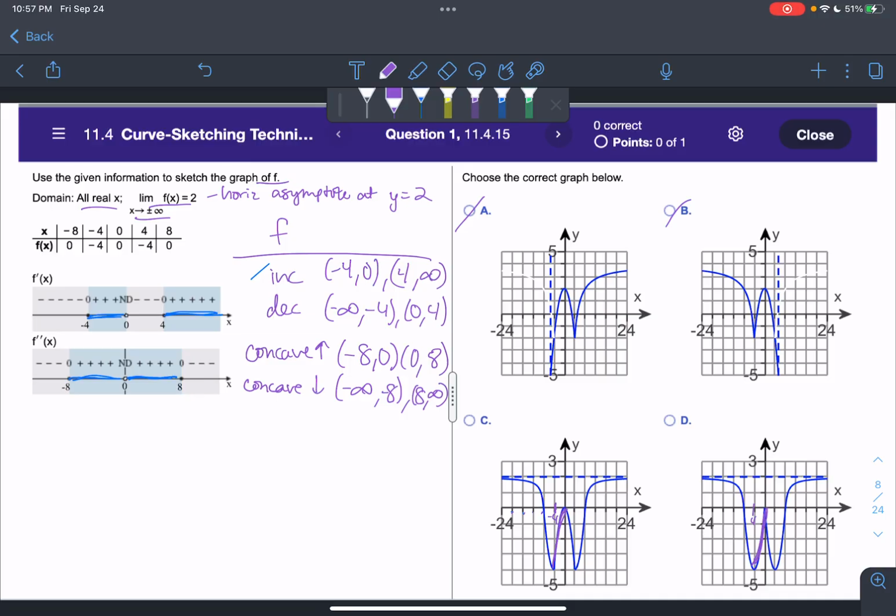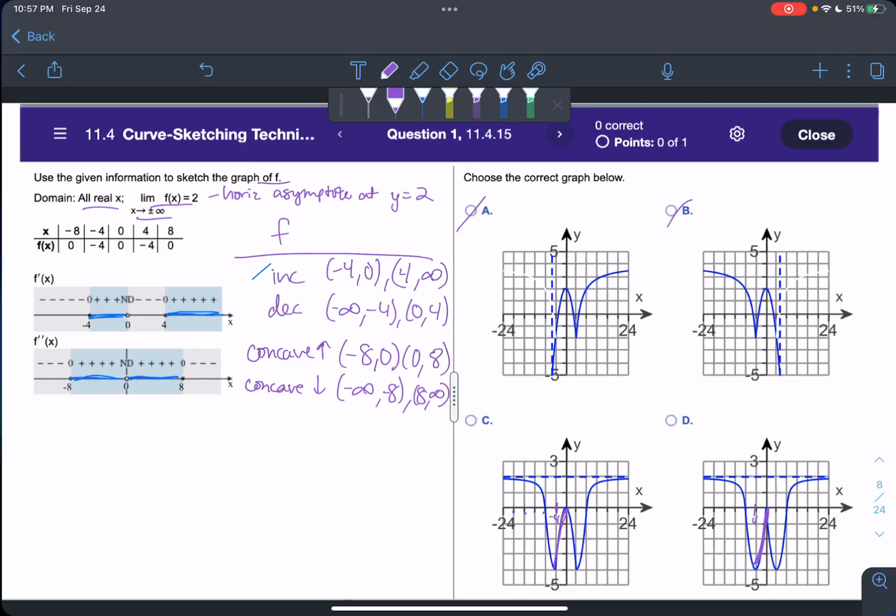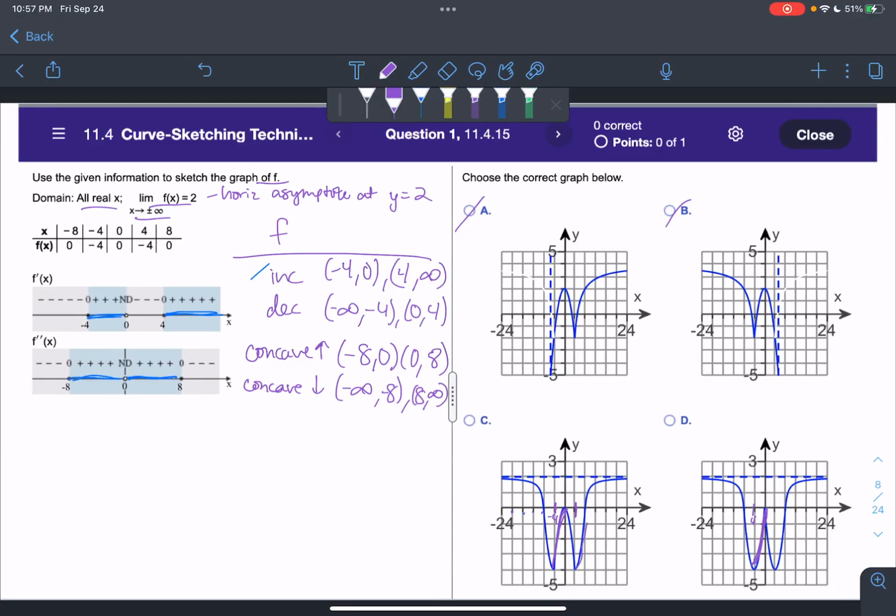We're also increasing from 4 to infinity. So that's here. So yeah, that matches. This matches as well. So, let's see. Decreasing, I imagine that would match for both. Decreasing, decreasing.